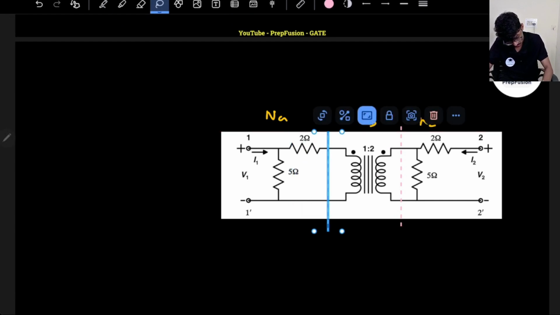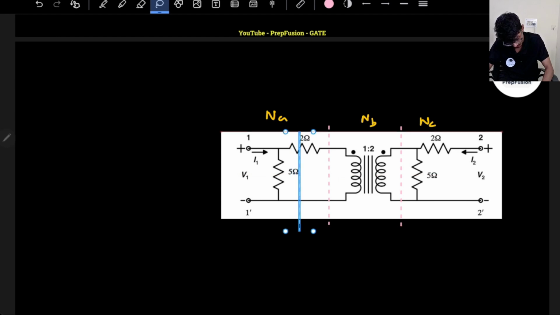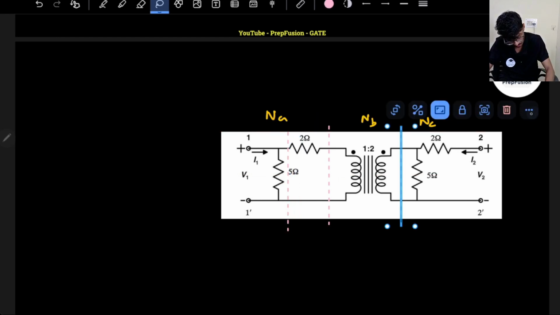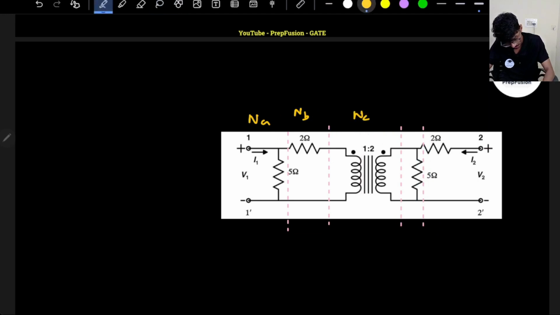Like a shunt element, I have told you how you can convert a shunt element to an individual network. Then this last series element you can also convert to an individual network. So there will be 5 networks here: this will be my network A, network B, network C, network D, and network E. Ultimately, I have already derived the two port parameters for a transformer, so you can use the formula.